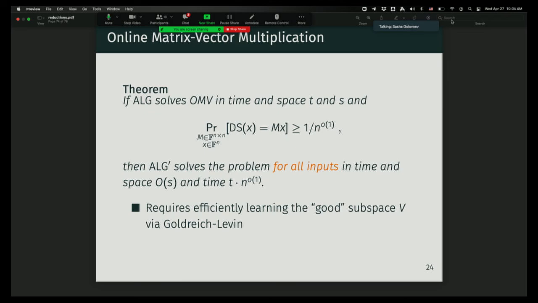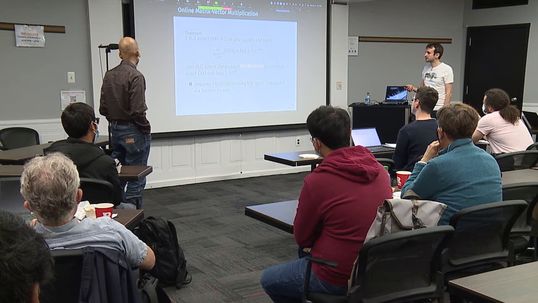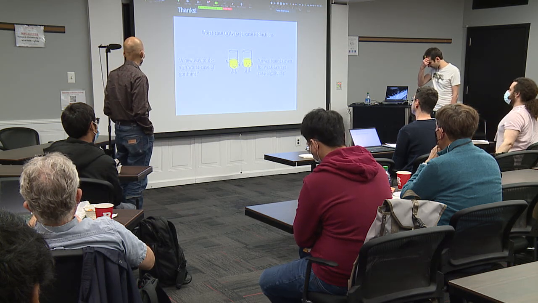The good thing is that, apparently, by Bogolyubov's lemma, a basis of the orthogonal complement of V can be taken to be the set of vectors with the largest Fourier norm of the indicator function of your good set. So we only need to learn the largest squares of Fourier coefficients of an essentially explicitly given function. For this we have very efficient algorithms, Goldreich-Levin and its generalization to other fields. So we apply these tools here.